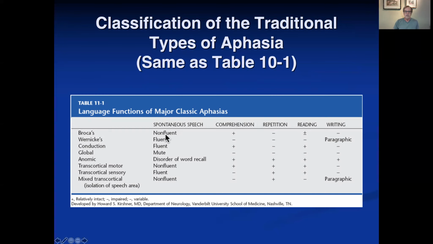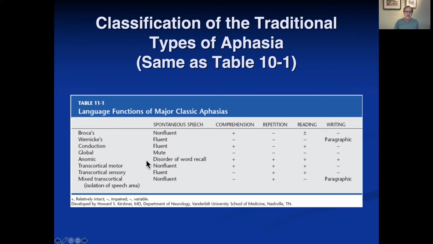And you'll see that the first characteristic has to do with spontaneous speech, and it's categorized as non-fluent. And then as you look down here, you'll see fluent, mute, and the worst kind of aphasia. They essentially can't speak. They may make some sounds, but they're nearly mute or completely mute.